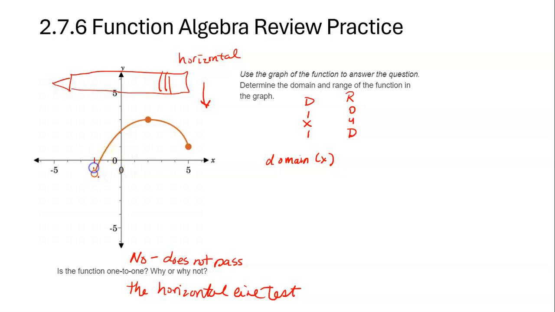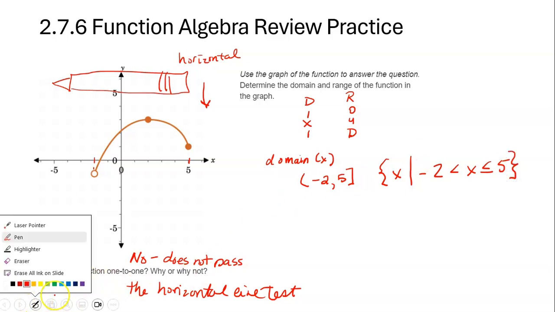It starts over here at -2, but it doesn't include -2, so I would write that like that. And it goes all the way to 5, and it includes 5. Now, if I'm going to write this in set notation, x can be everything from -2 up to and including 5.